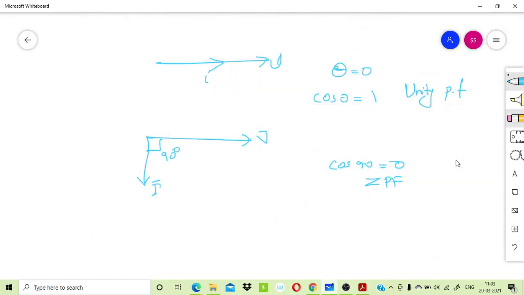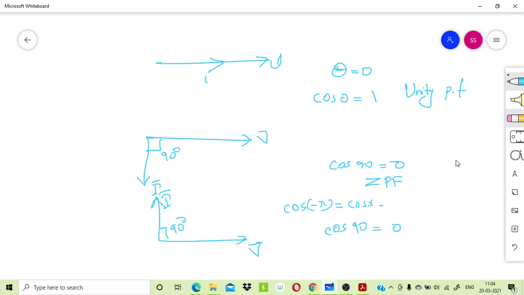Also, if the I phasor is leading the V phasor by an angle of 90 degrees, then also cos 90 degrees will be equal to 0. Whether it is positive or negative doesn't matter, because cos of minus x is equal to cos x.